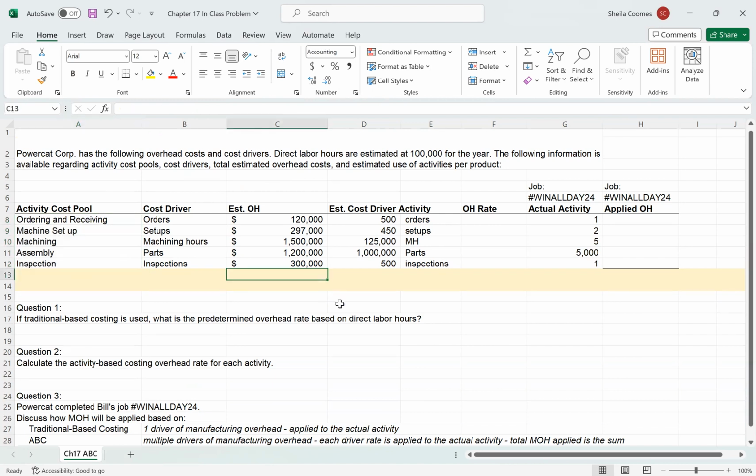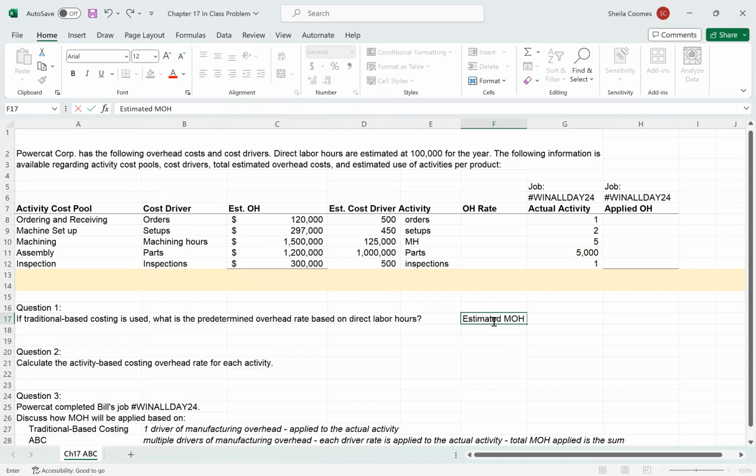However, if we were looking at traditional based costing, remember, we're going to take the actual from Chapter 15, the estimated manufacturing overhead divided by the estimated activity.